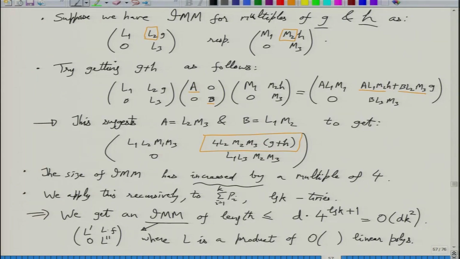I want to say dk, maybe dk is too less. Dk square many. Yeah, because L2 we have blown up 4 times kind of. So dk square is certainly an upper bound. So that many linear polynomials we have multiplied. That forms this cofactor L, and L times F is what you can now compute as a width 2 ABP.